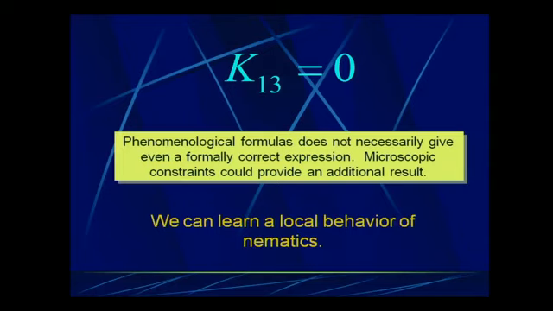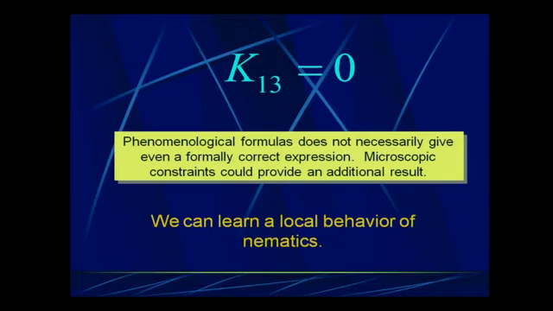So even though phenomenological gradient expansion of the free energy generates a term, apparently that is K13, microscopic constraints could provide an additional result, and that is actually K13 equals 0. And this is pretty common in elasticity.